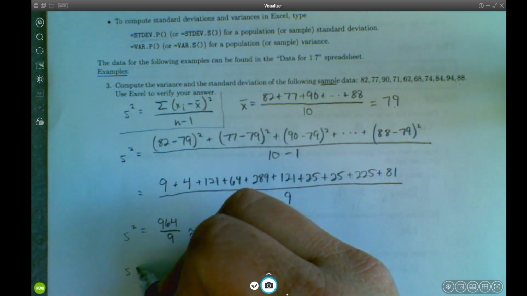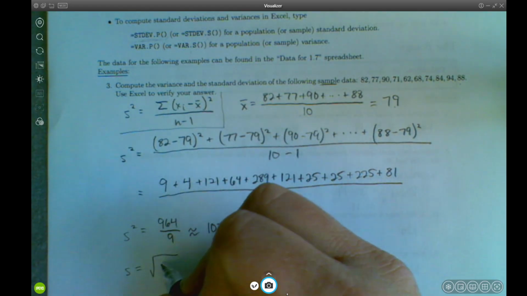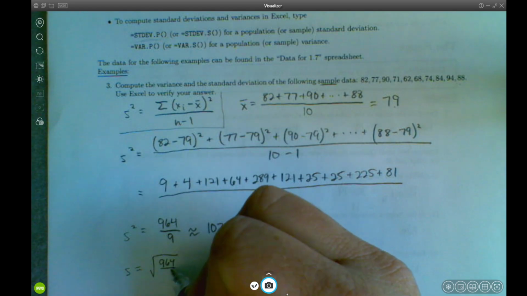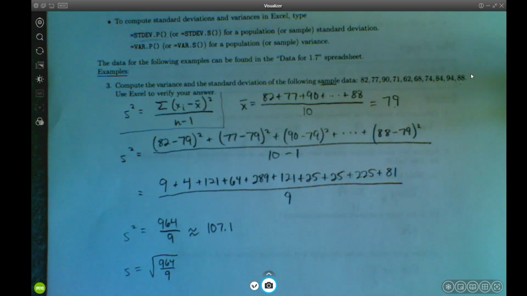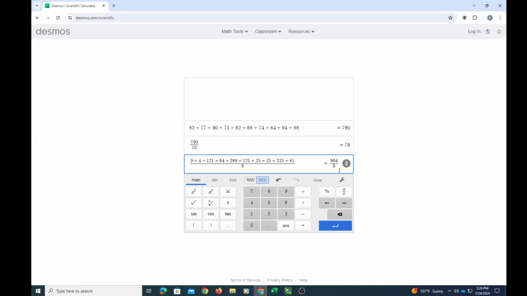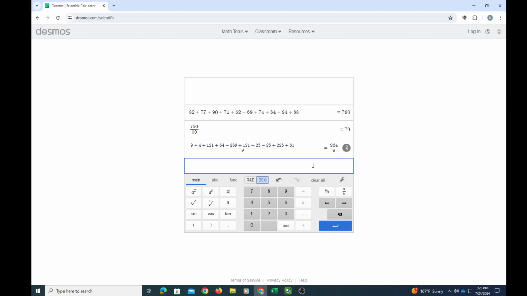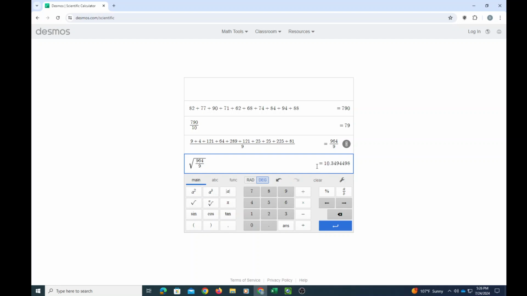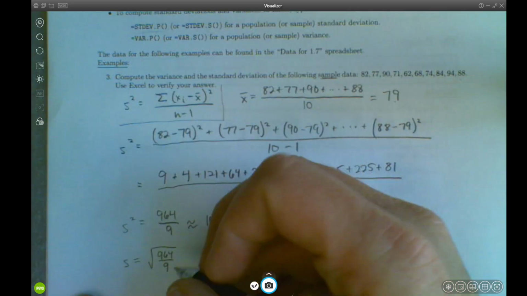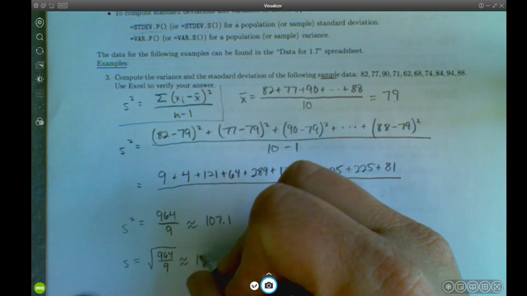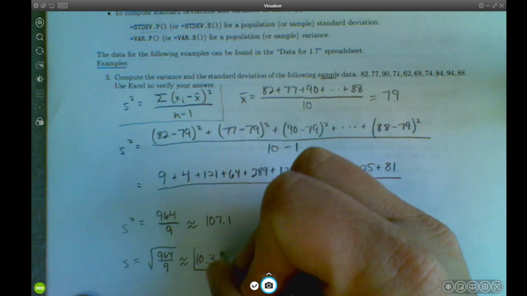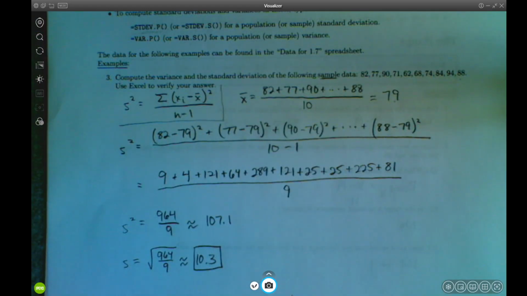That means the standard deviation, S, is going to be the square root of 964 over 9, which comes out to about 10.3. Okay, and that's how we would calculate a standard deviation.